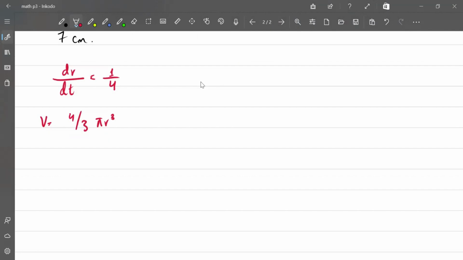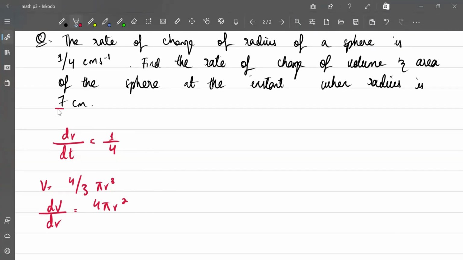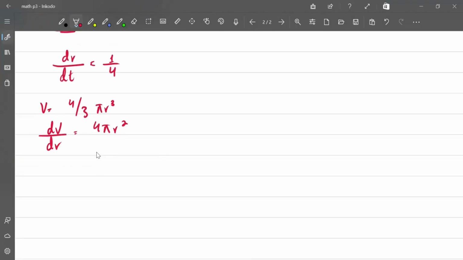So dV upon dr would be 4 upon 3 into 3, which is 4 pi r square. And we know the radius, which is 7, so dV upon dr is 4 pi 7 square.